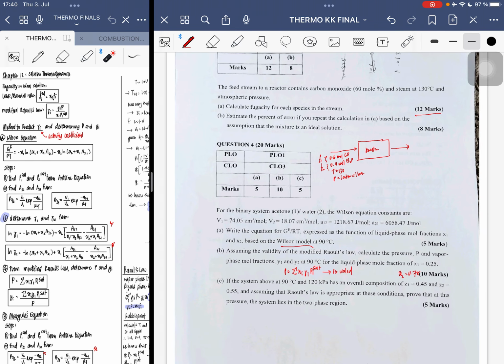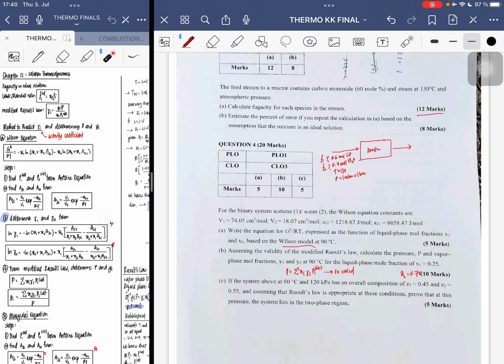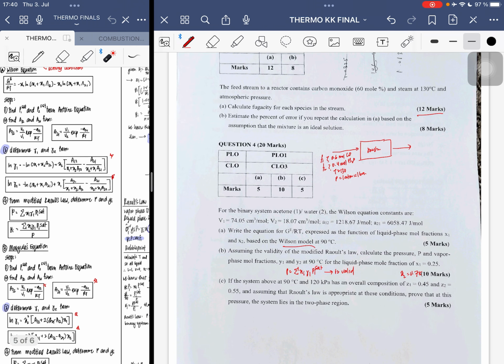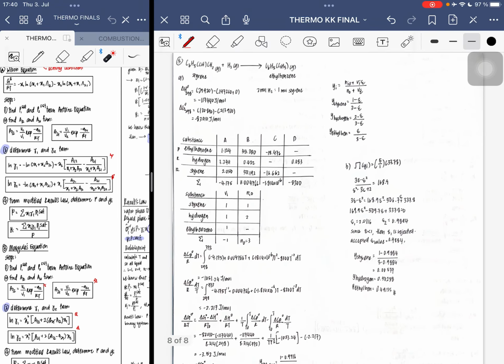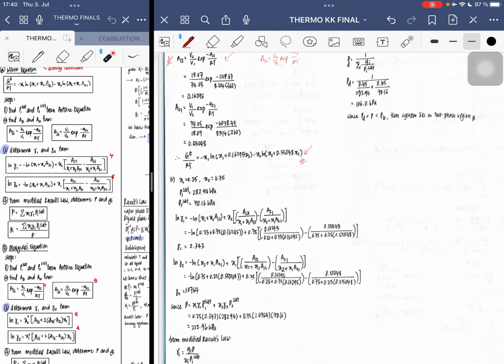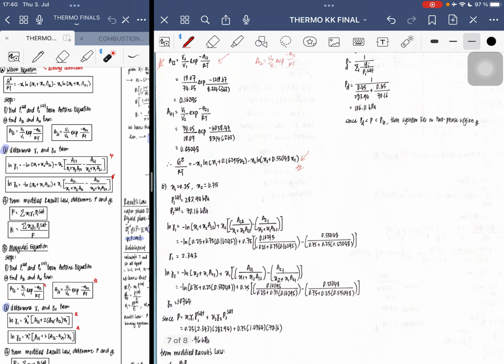So if the question before states Wilson, then you have to continue using the Wilson equation. If modified Raoult's law is valid, your equation will be xi, activity coefficient gamma i, pi sat, right? So pi sat you can just easily find from the Antoine equation, which is ln p sat equals a plus b over t plus c, right?